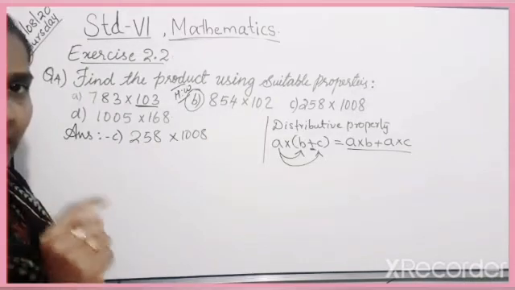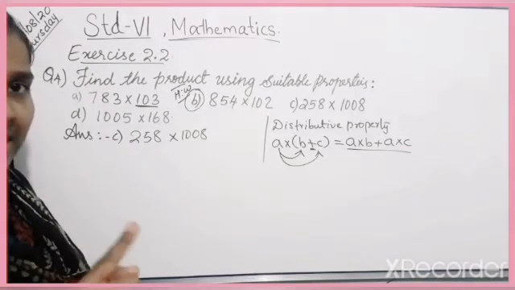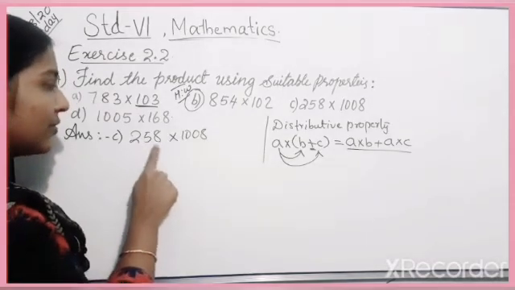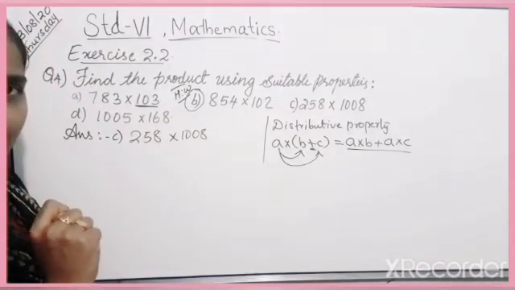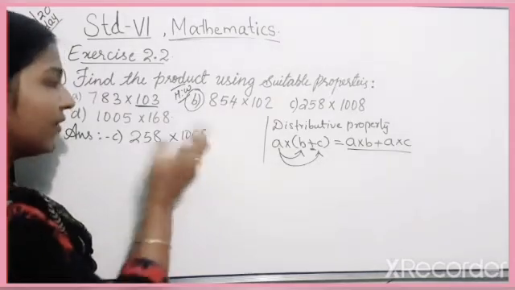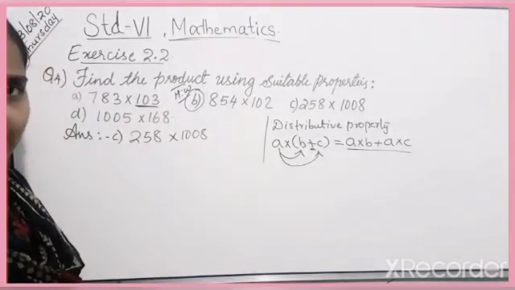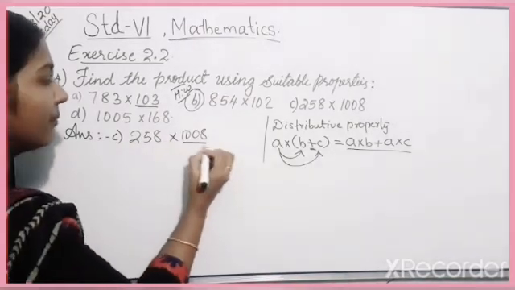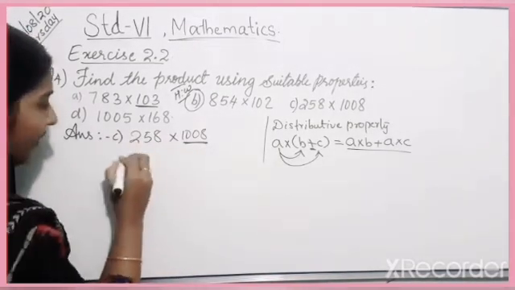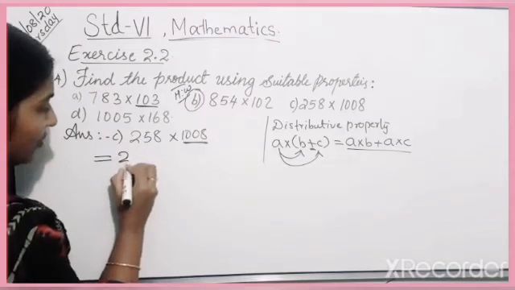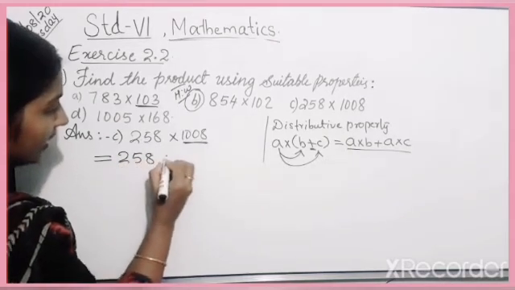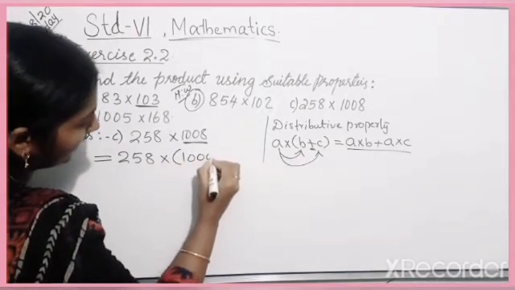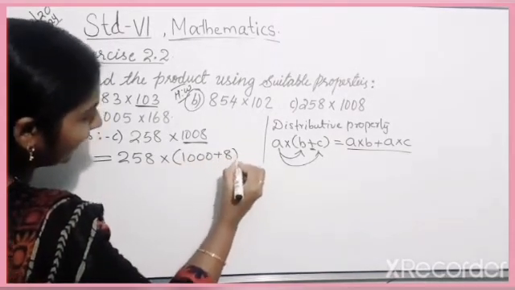If we write this number as 1000 plus 8, then it will be very easy to multiply 258 with 1000 and then 258 with 8. That will be very easy, isn't it? So, let's split the number 1008. So, you can write 258 into, inside the bracket, 1000 plus 8.